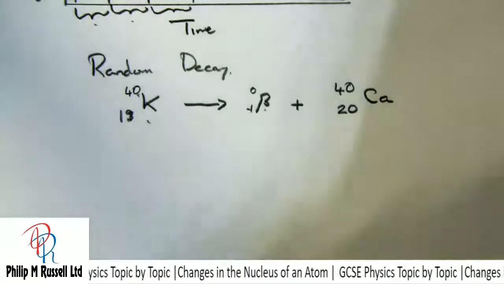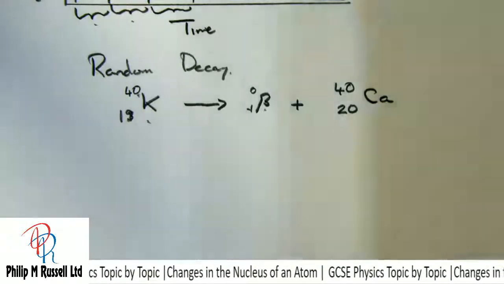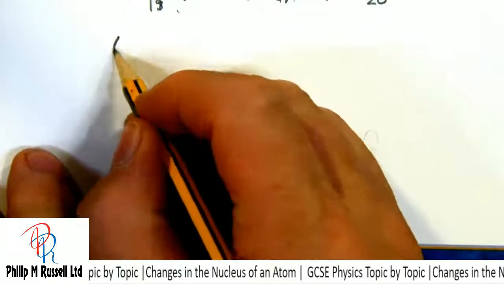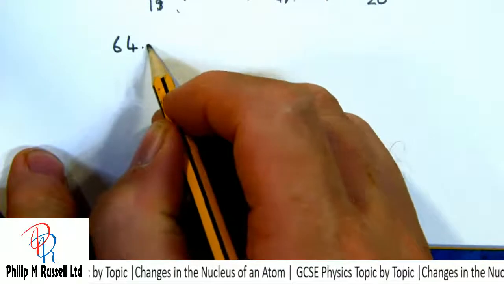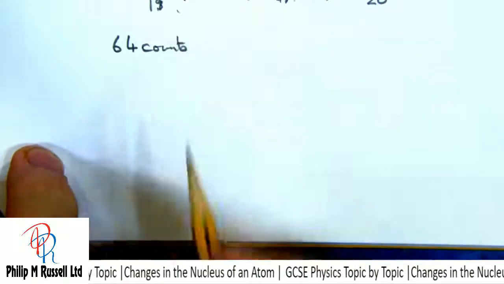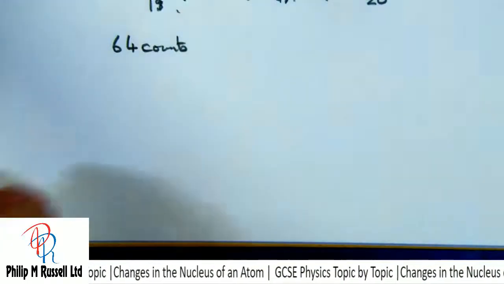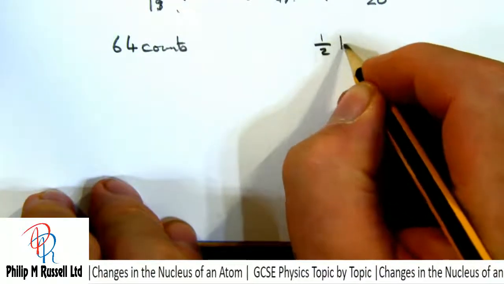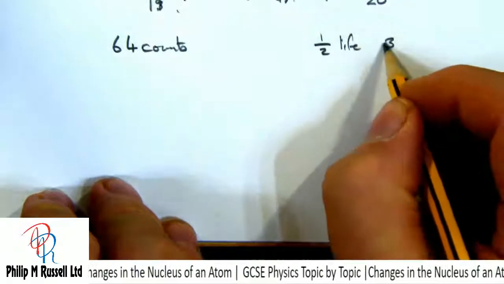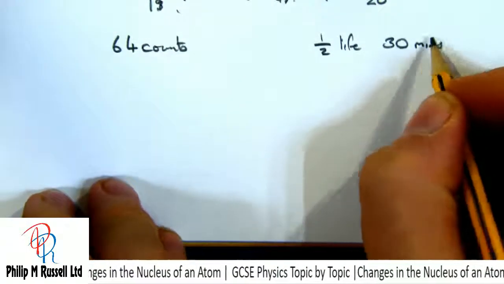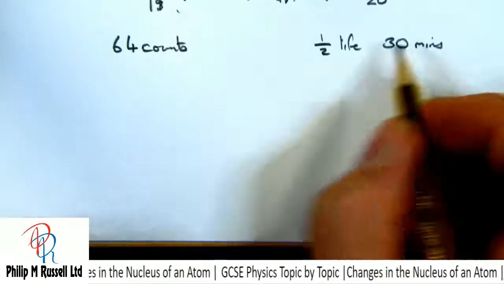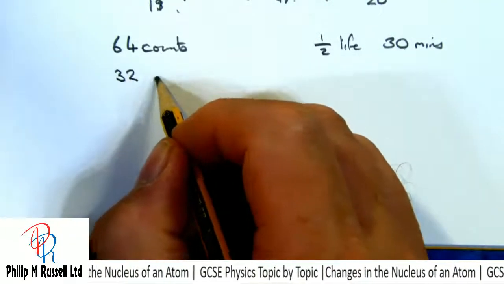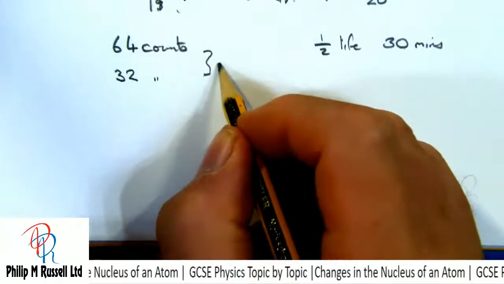So if we're going to have a look at half-life, I may have so much substance. So let's suppose I've got 64 counts from my material, and I'm told it's got a half-life here of 30 minutes. So in 30 minutes it means that it should be down to 32 counts.